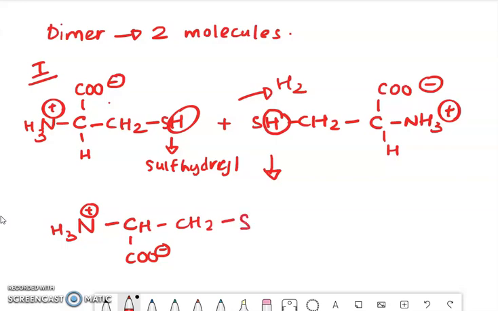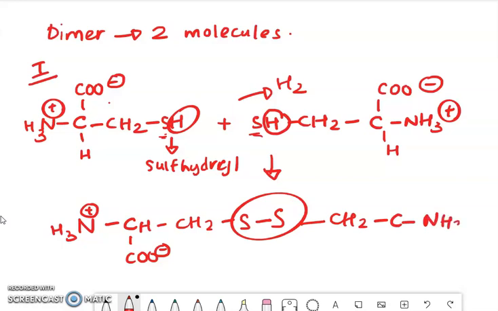CH2, this sulfur, and here this sulfur. So we get the disulfide bond, right? This is the cystine dimer. It can be formed either between different parts of the same polypeptide chain or between separate polypeptide chains.